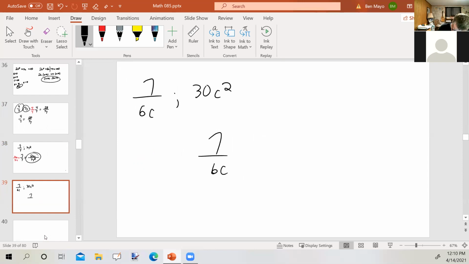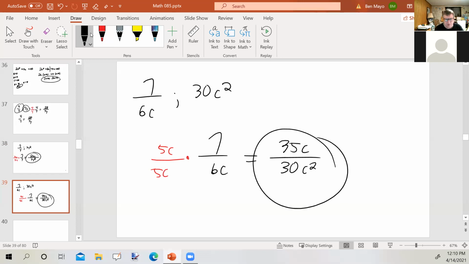So 7 over 6c equals what over 30c squared? So basically, what are we missing? 5c. So the new numerator would be 35c, and the new fraction would be 35c over 30c squared.